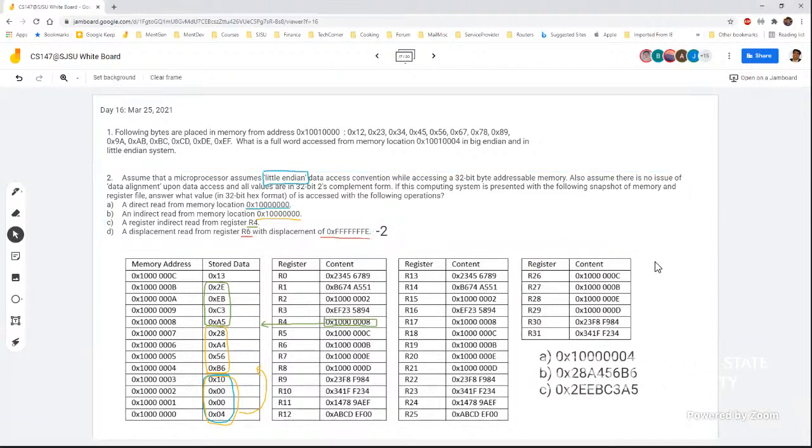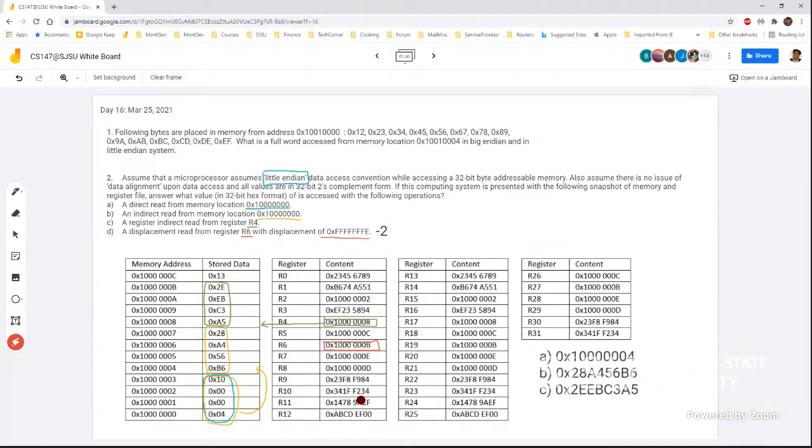That essentially means that you read from register 6, which is this one, and add -2 on top of that. Basically you are subtracting 2 from that address.